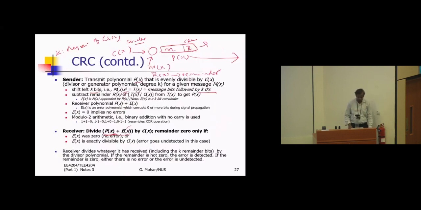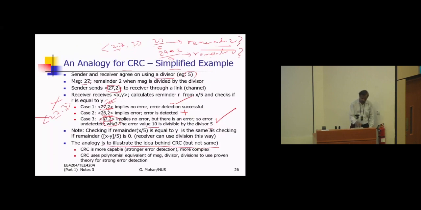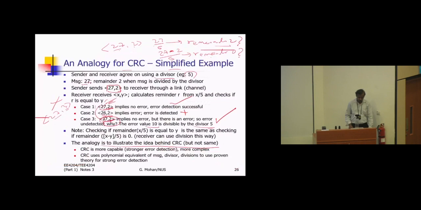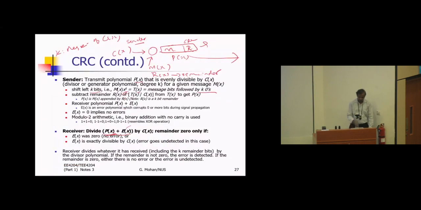Why? If you get 37, 2, it declares it's a good frame, but it's not a good frame, right? Why? Because the error value is 10, that is divisible by 5. Similarly, in our case also, we are checking whether the remainder is 0 or not.